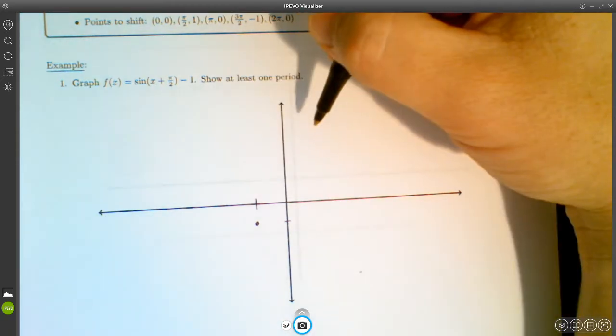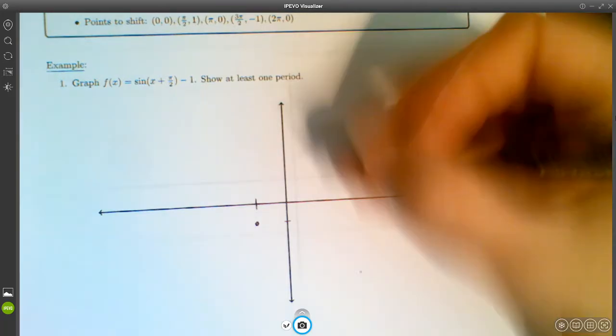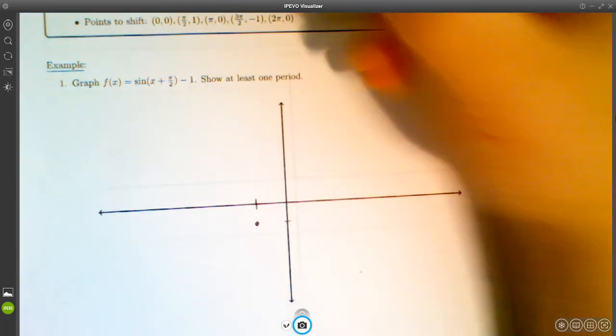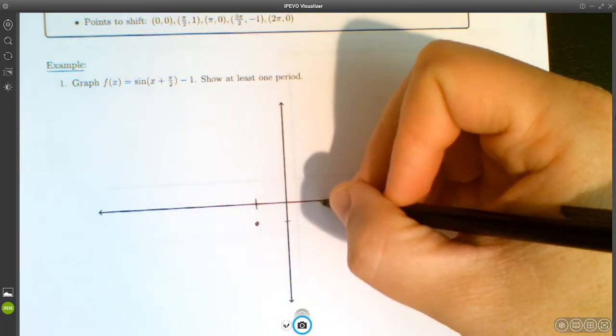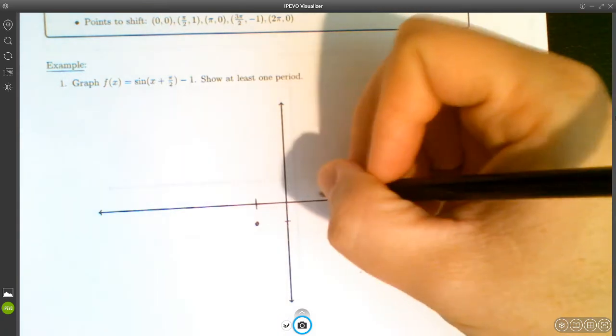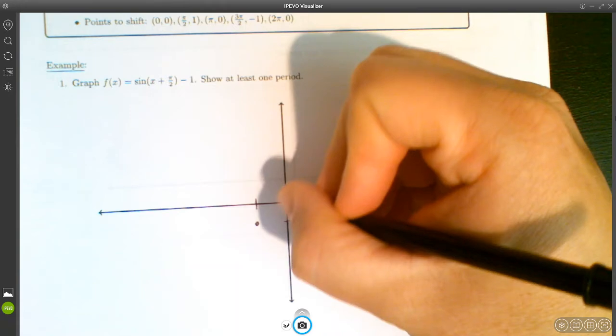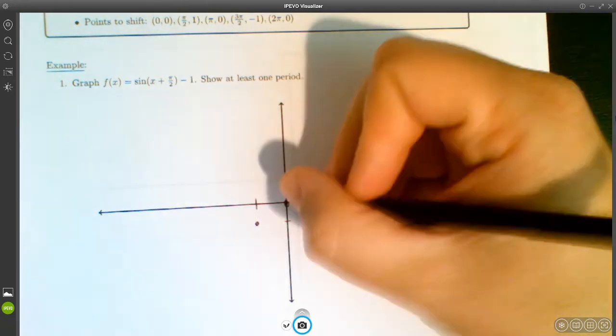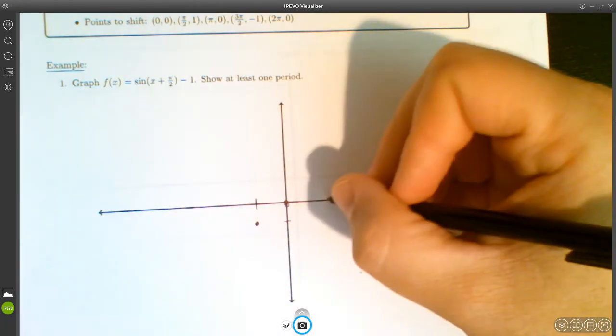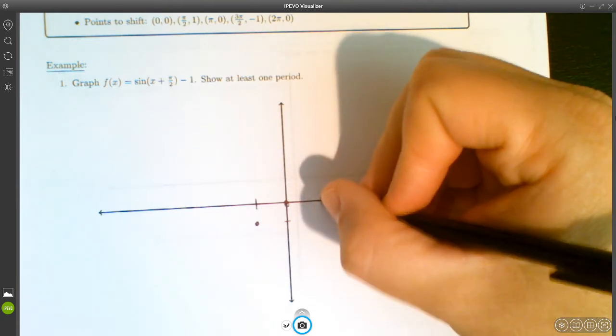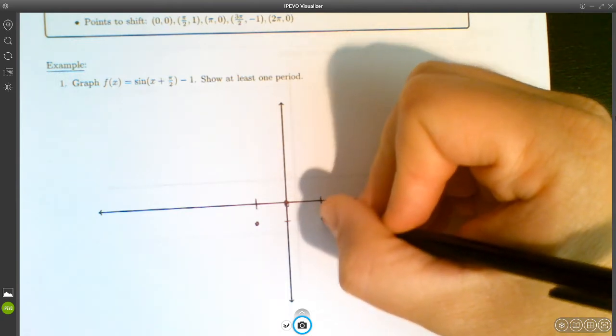The next point, instead of being at pi over 2, 1, I'm going to subtract pi over 2, so I'm going to be at 0, 0. Right? So the next point is going to be at 0, 0. Instead of having a point at pi, 0, I'm going to have a point at pi over 2, negative 1.